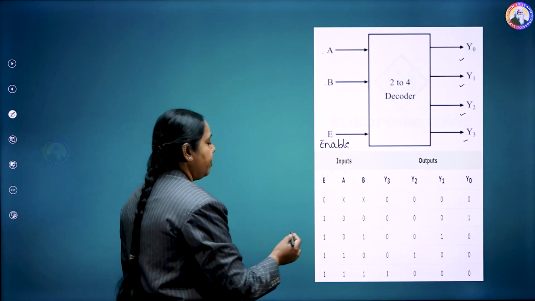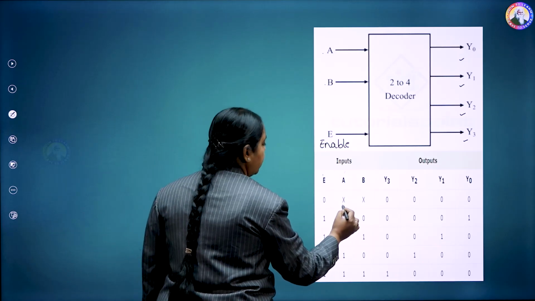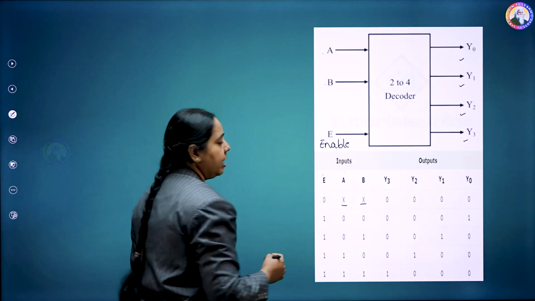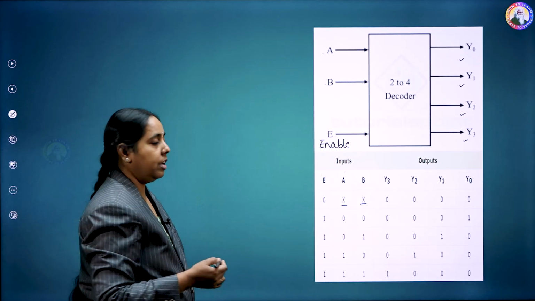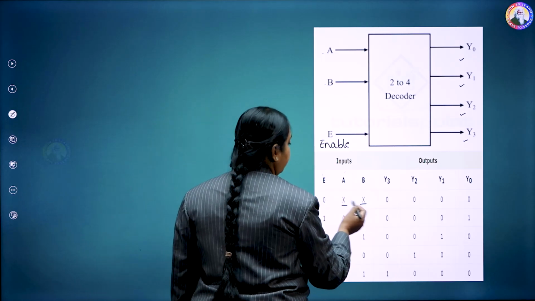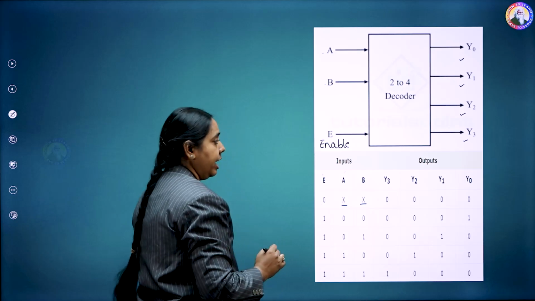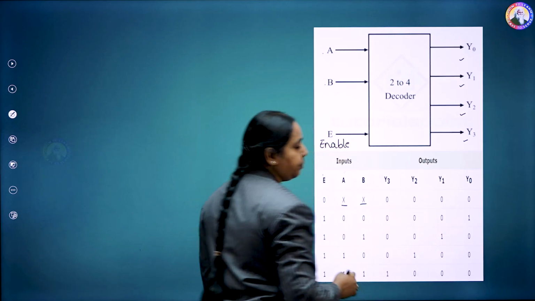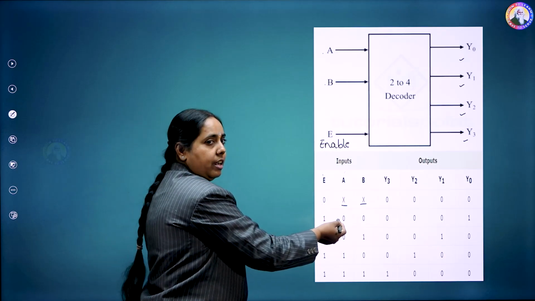If the enable bit is 0, A and B are don't cares, meaning they may be either 0 or 1. When the enable bit is 0 and both inputs are don't cares, the output is 0, meaning no output is identified because no input is given.